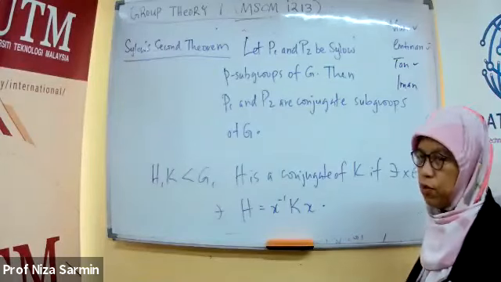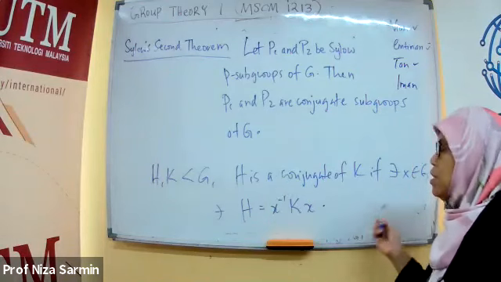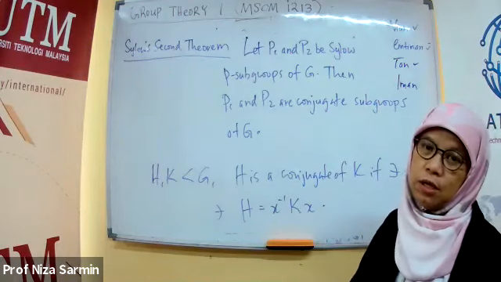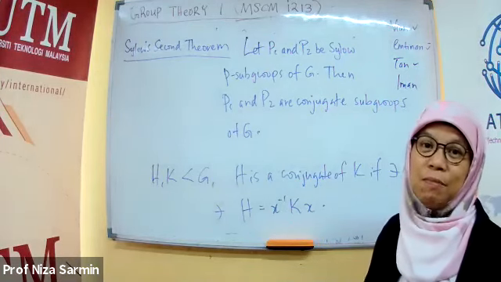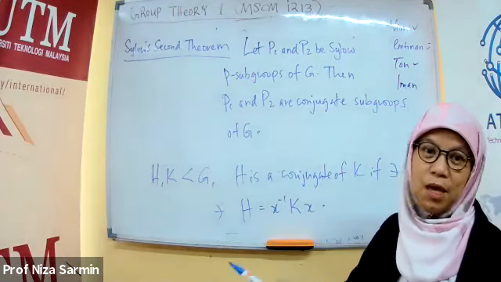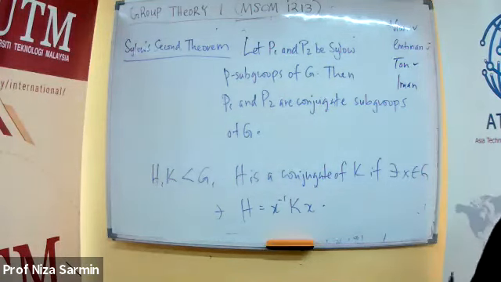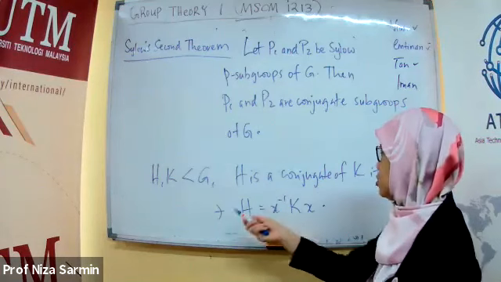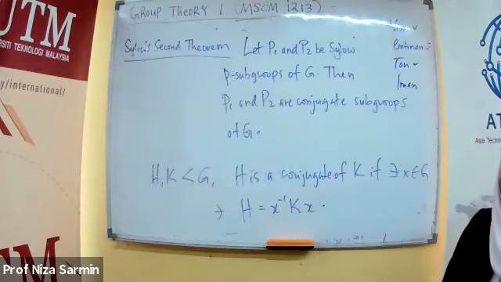Okay, so if you have two subgroups of a group G, H is a conjugate of K or K is a conjugate of H. It's the same thing as before when we defined conjugate elements, right? A and B are conjugates if there exists x in G such that A can be written as x inverse Bx.